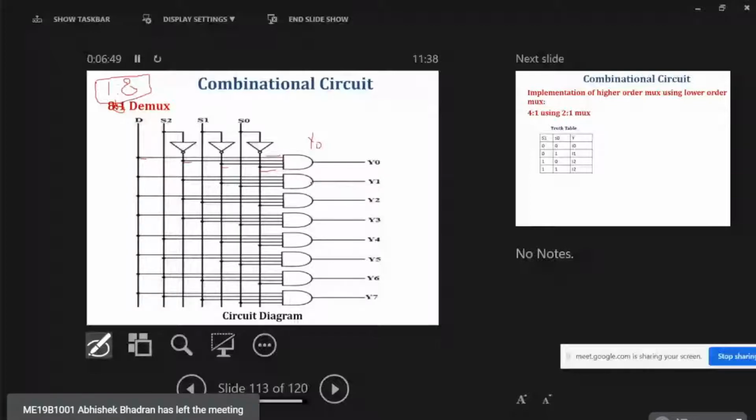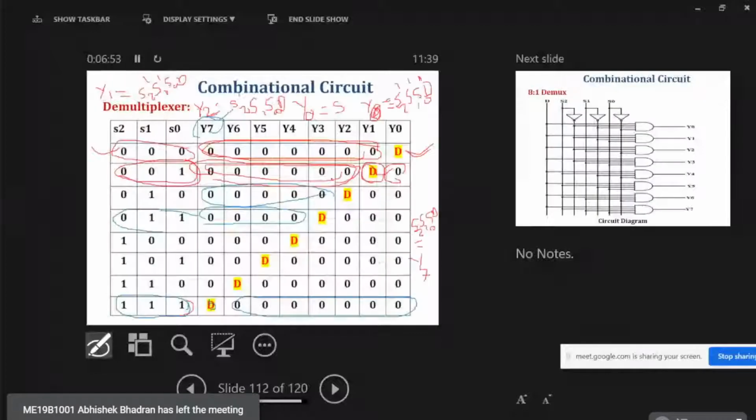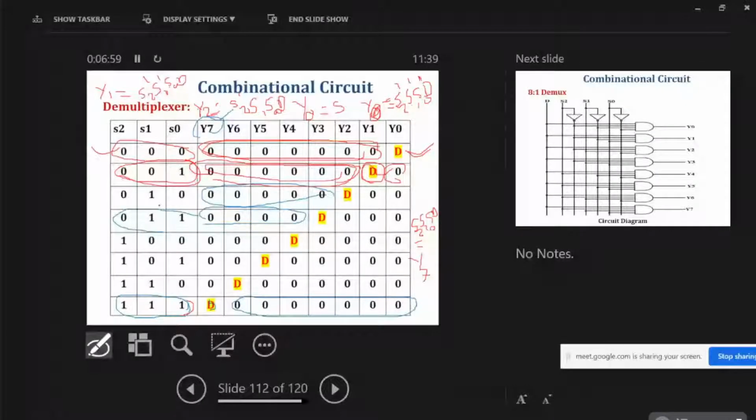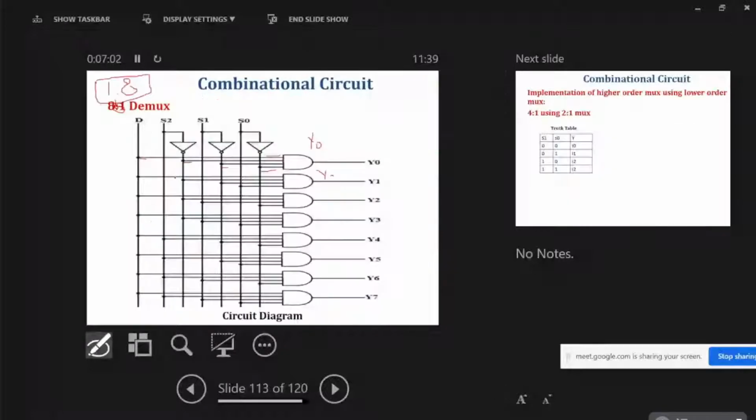Next, what is y2? S2 dash, S1, S0 dash. So y2 will be S2 dash, S1 and S0 dash. This is y2.